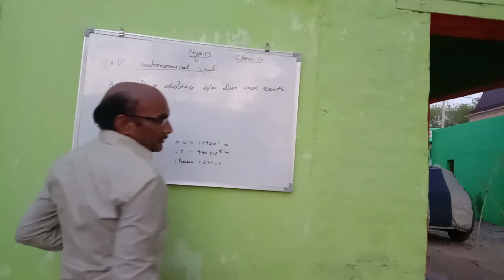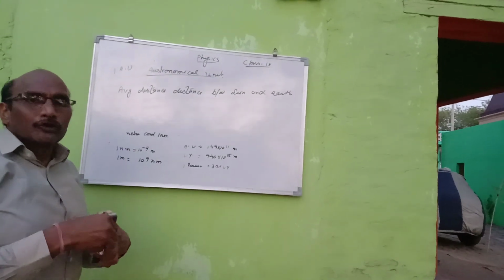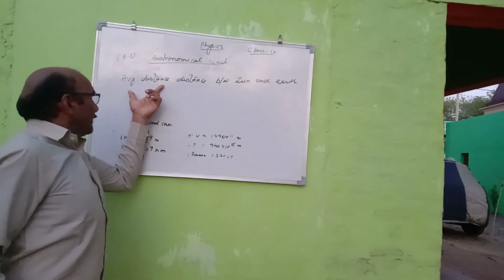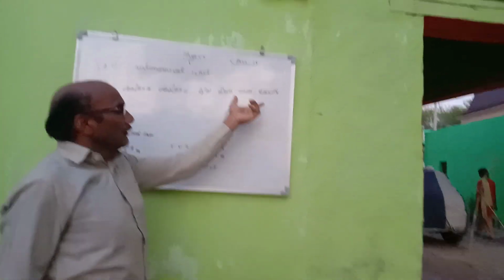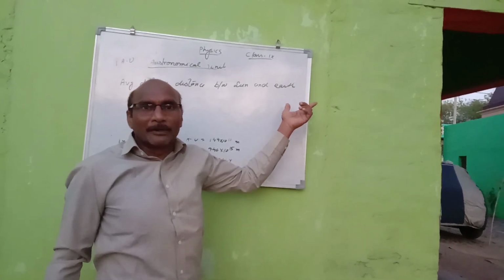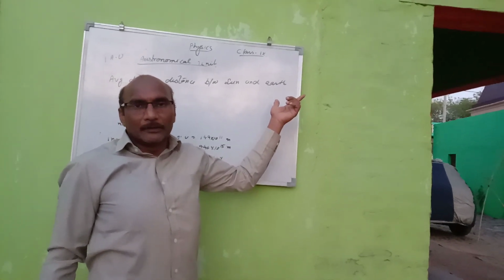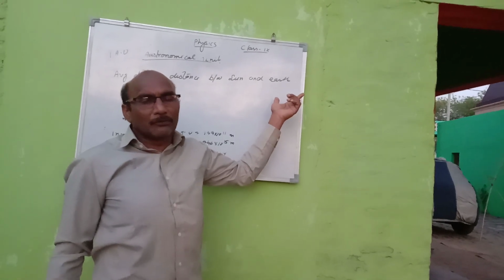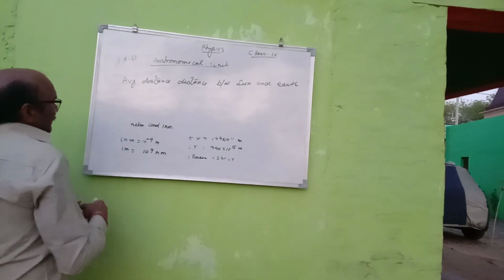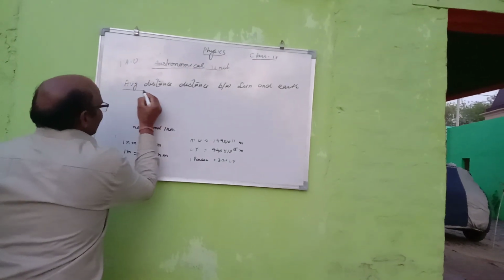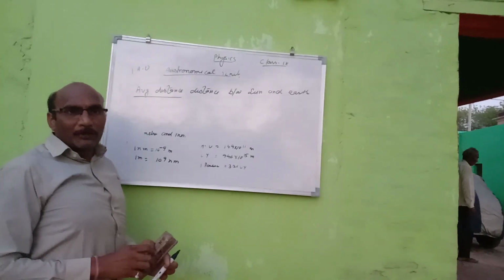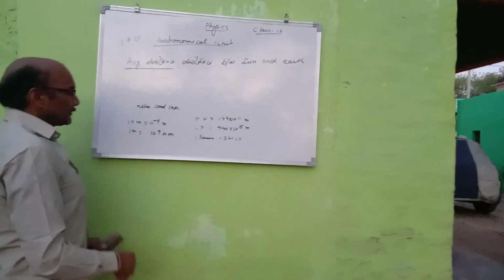In very simple terms, 1 astronomical unit is the average distance between sun and earth. It means the average distance traveled by light when it comes from the sun to the surface of earth. But what is the meaning of this term average distance? Let's go deeper into this topic.